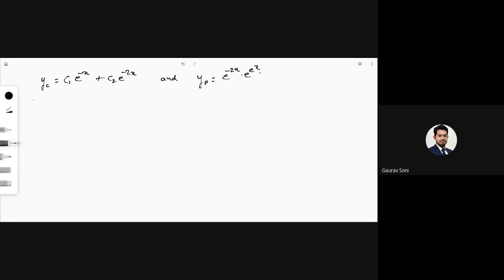So the solution of the given linear differential equation is y is equal to c1 e to the power minus x plus c2 e to the power minus 2x plus e to the power minus 2x e to the power x. So I have added yc and yp. That is the final solution.